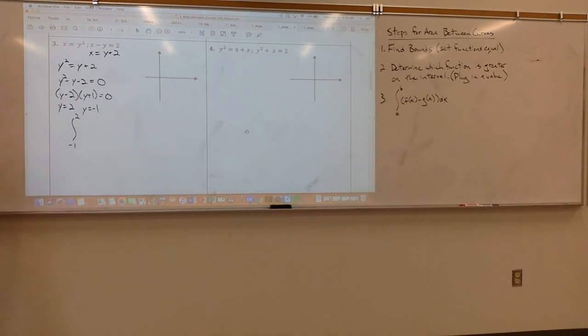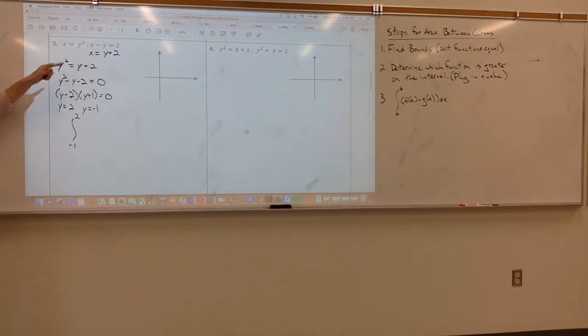Now step 2 is to determine which function is greater on this interval. So I need to choose a value between negative 1 and 2 and plug it into both functions. Remember, this is a y value, so 0 would probably be a good choice here.